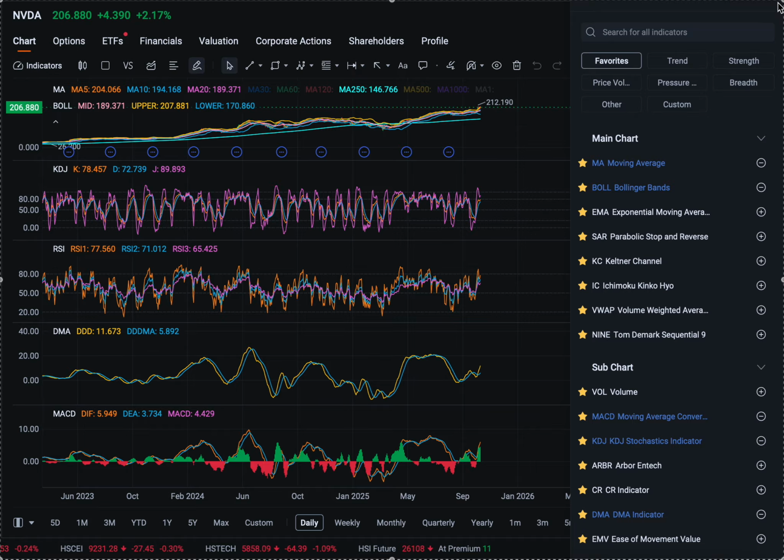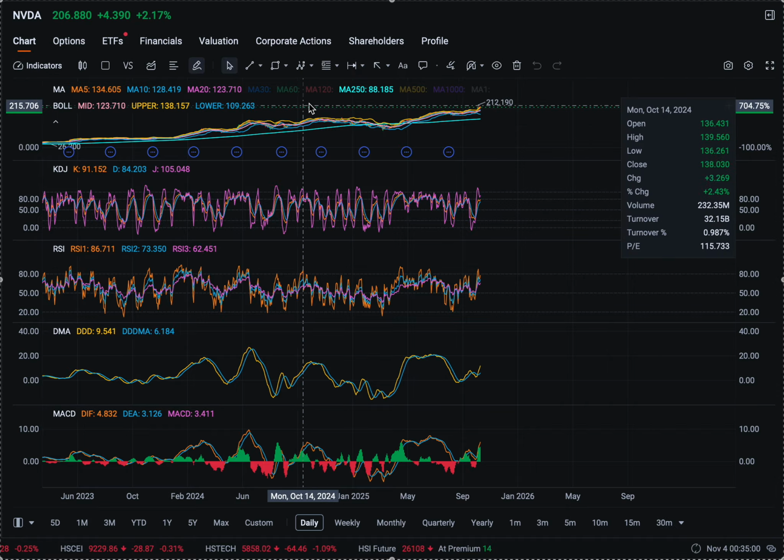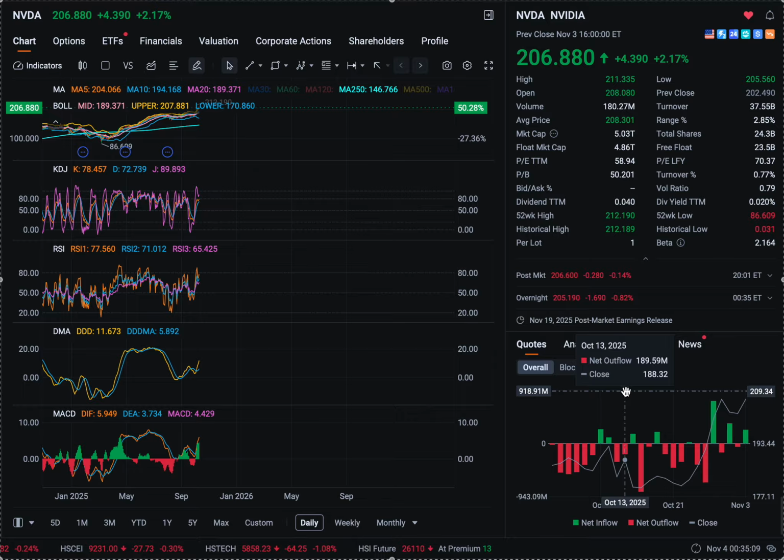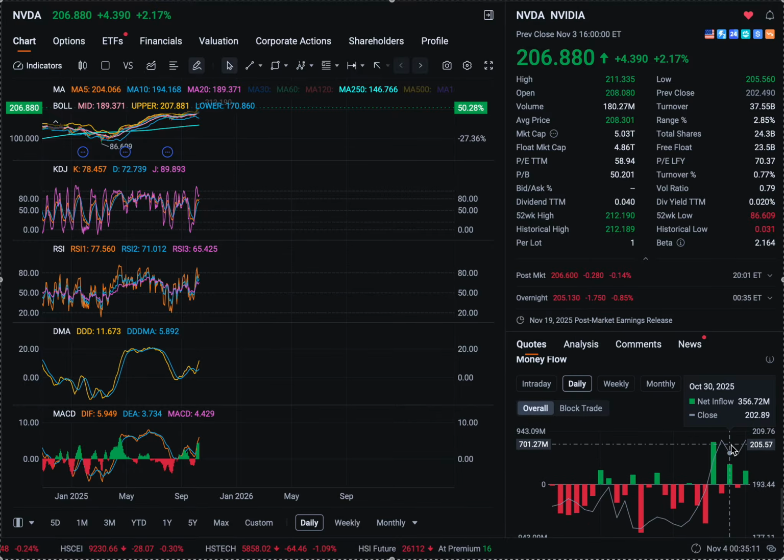But then we could also look at the money flow.